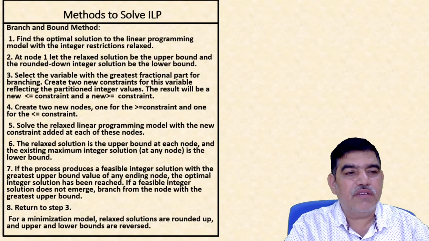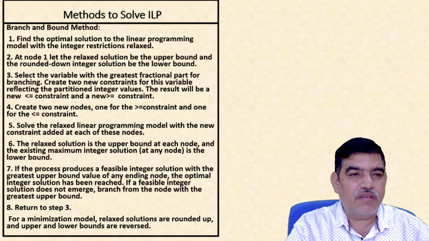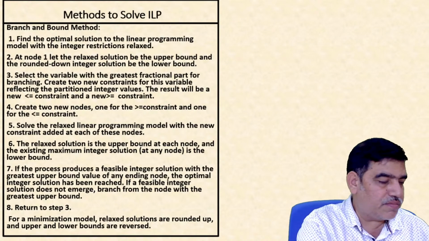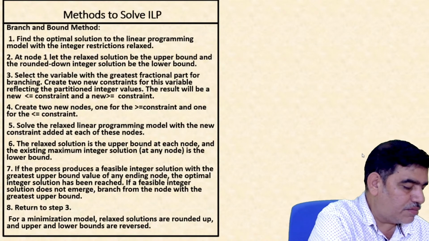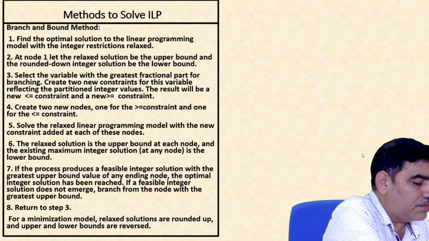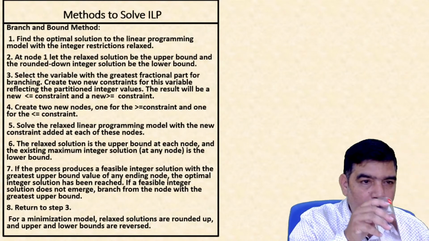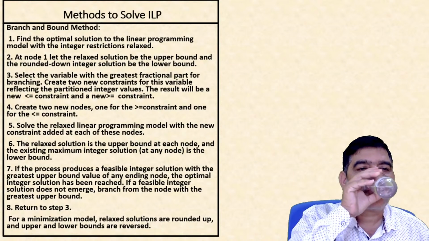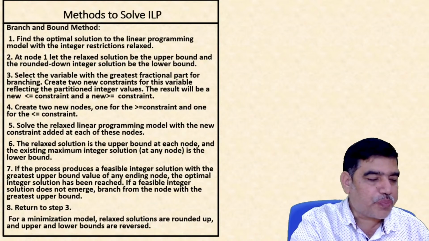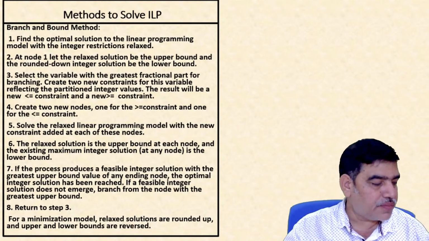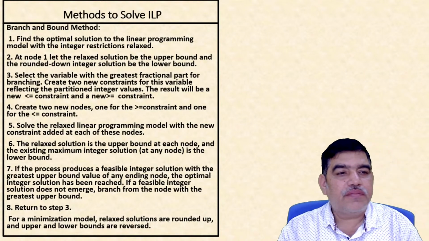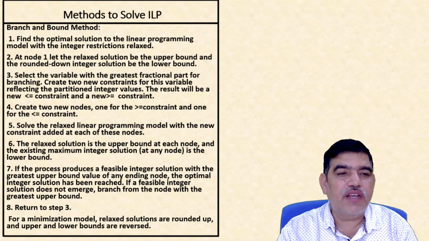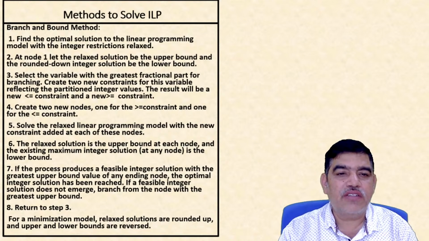So what is the first step? The first step is to find the optimal solution to the linear programming model with the integer restrictions relaxed.